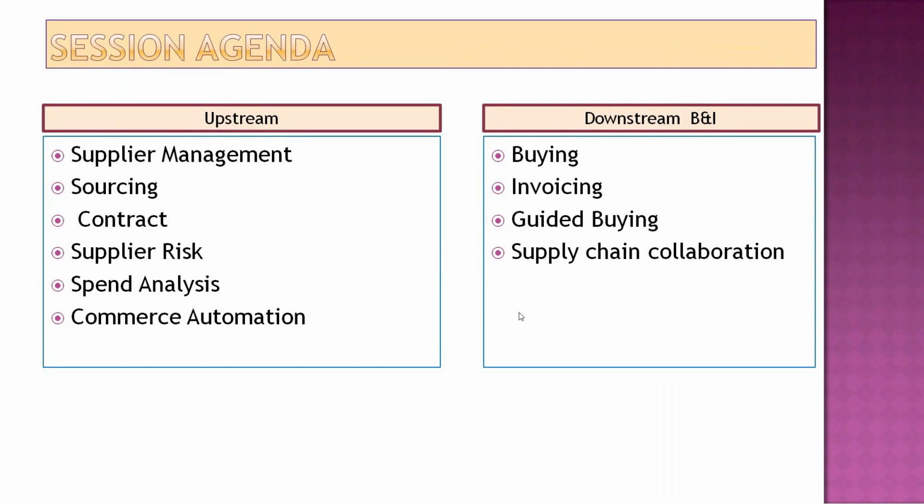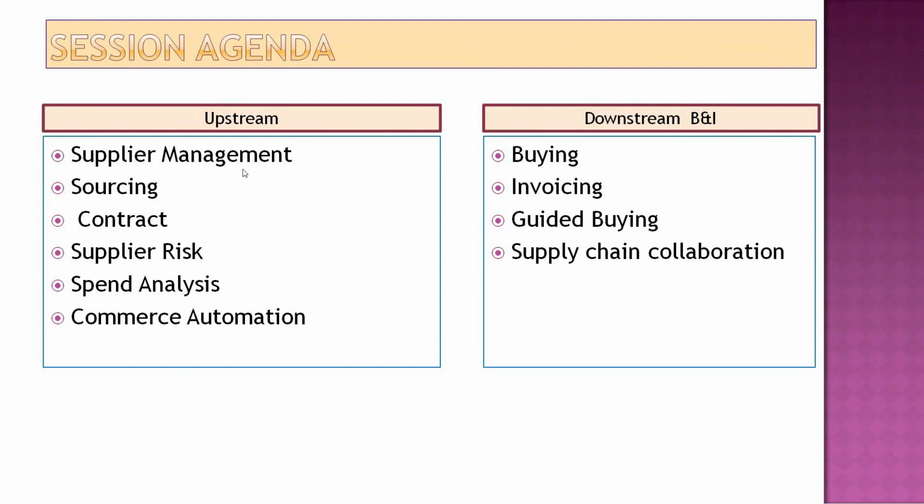In upstream, we have supplier management and performance. The supplier management is your SLP process, that is supplier life cycle and performance, where we will be onboarding the supplier in Ariba and then evaluating their performance as well.